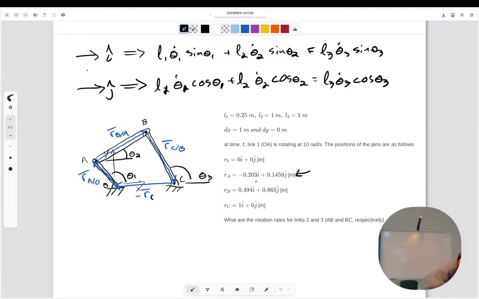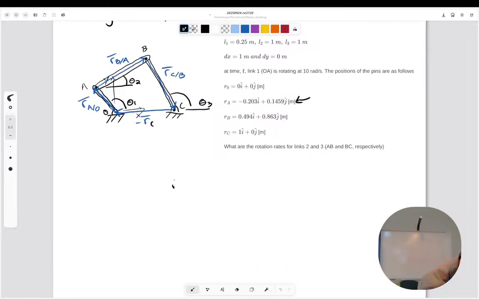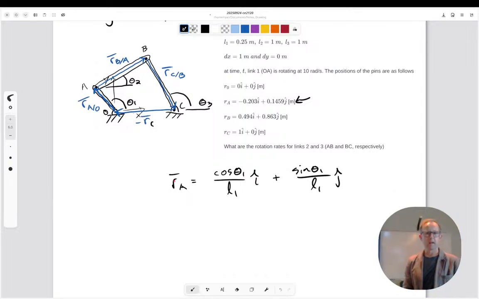So here, this RA is defining the sines and cosines. Kind of like that. Or sorry, it's L1 times that. My bad, again, I'm rushing a little bit.